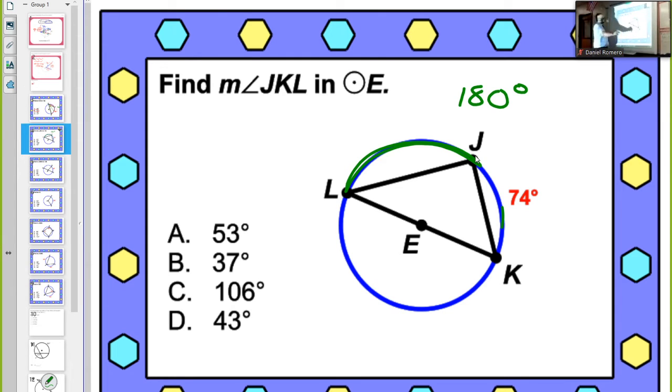Yeah, 180 minus 74. If you subtract those two, that gives you 106. Now that I have 106 degrees, how can I find that angle? Divide by 2.